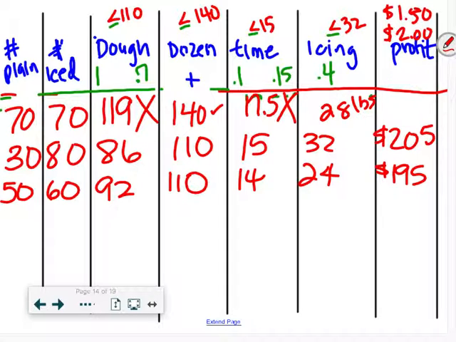Probably not, because when we maxed out dozens, we ran over on the others, right? But if I had the most dozens possible, because I'm getting paid by the dozen I sell, maybe I want this column to be as high as possible without going over on the rest of them.